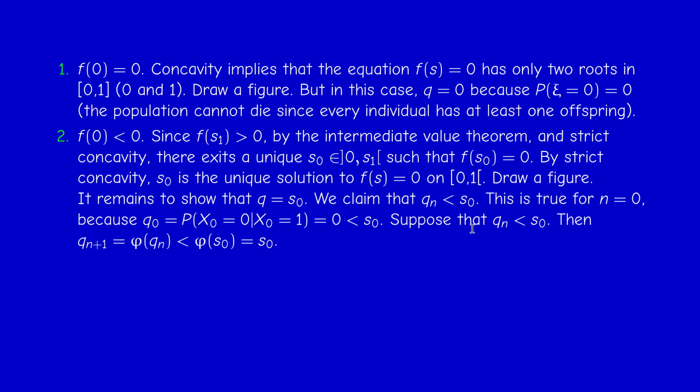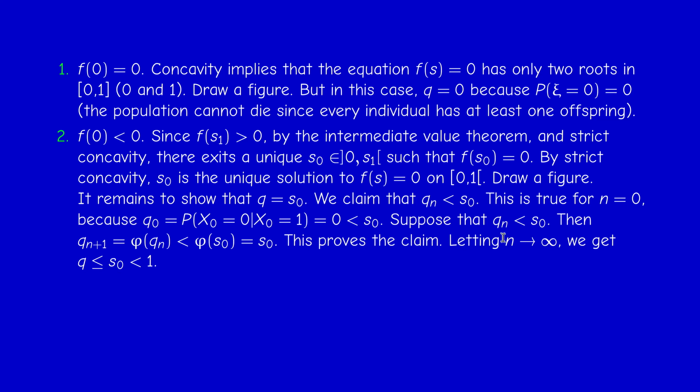And by induction, if Qn is less than S0, then Qn plus 1 is phi of Qn, which is less than phi of S0, which is S0, right? Because f of S0 is 0, so S0 minus phi of S0 is 0. So it's a fixed point. So this proves the claim.